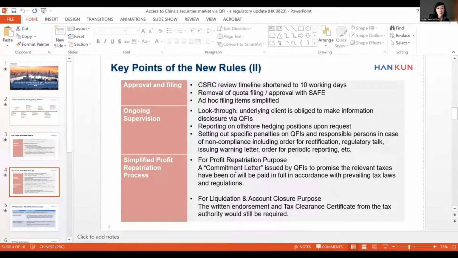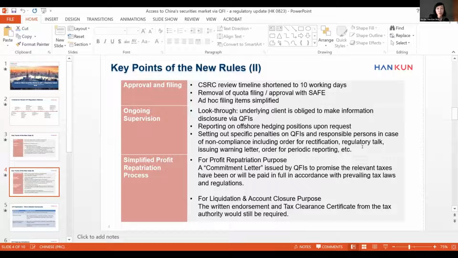Another thing I would like to highlight here is the ongoing supervision. Although the regulators have taken positive steps and made efforts to facilitate the investments and to make the entry to the markets easier, at the same time they have also emphasized ongoing compliance and ongoing supervision from a regulatory perspective.